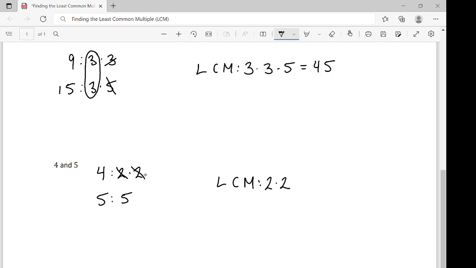And this has a 5, whereas this lacks a 5, so I'm going to put a 5 in here. So the LCM of 4 and 5 is going to be 2 times 2 times 5, which is going to be 20. And this is how you find the LCM of two numbers.